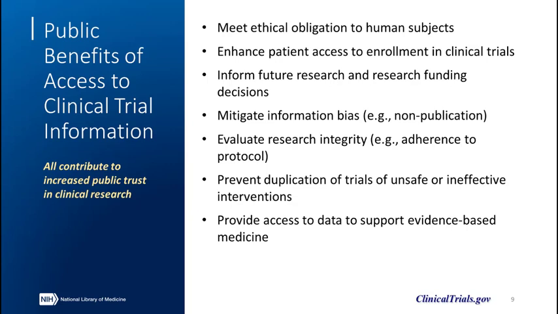Trial registration promotes patient access to enrollment in clinical trials, and the report of clinical trial results informs future research and funding decisions, mitigates the information bias that can stem from non-publication or altered representation of study results, allows the research community to evaluate adherence to the pre-specified study protocol, and by extension, the integrity of the research, and helps to prevent duplication of trials of unsafe or ineffective interventions, and provide access to data that can be used to support evidence-based medicine. All of these benefits of transparency contribute to an increased public trust in clinical research.